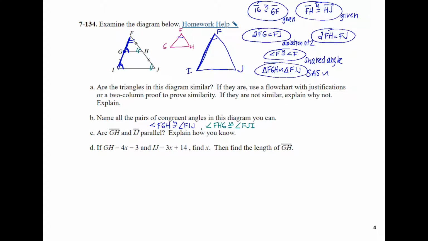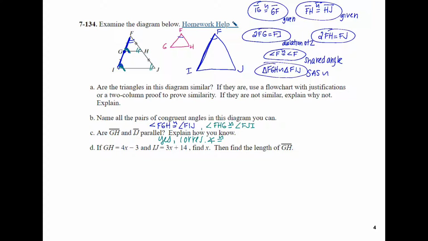Are GH and IJ parallel? Explain how you know. Well, yes, they are parallel, and I know because these angles right here are corresponding angles, and if corresponding angles are congruent, you then know that the sides are parallel.